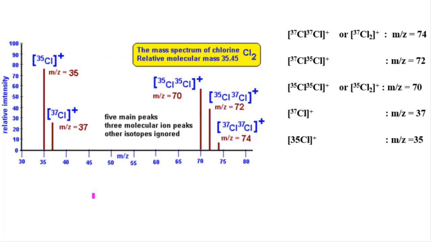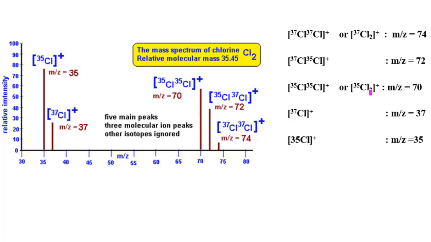This is another mass spectrum. Here the peaks are at the values of m by z at 35, 37, 70, 72 and 74. So when we get this type of peaks in a mass spectrum, then it is understood that this is related with chlorine, because the chlorine molecule m by z is 74. The chlorine molecule having isotopes chlorine 37 and chlorine 35, so m by z is 72.